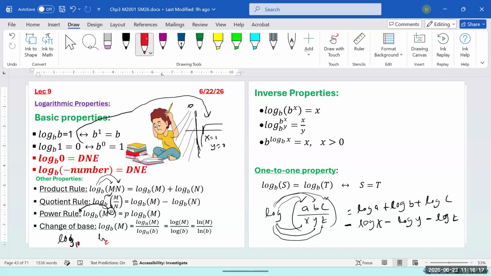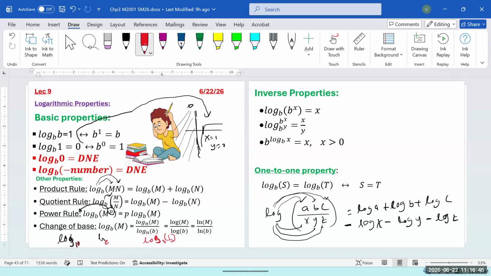Anytime you want to find any other log, you cannot use most scientific calculators. For example, if you want to find log base 3 of 5, let's say you want to find this in a scientific calculator. Unfortunately, the scientific calculator doesn't have any base option. It has only the log option.